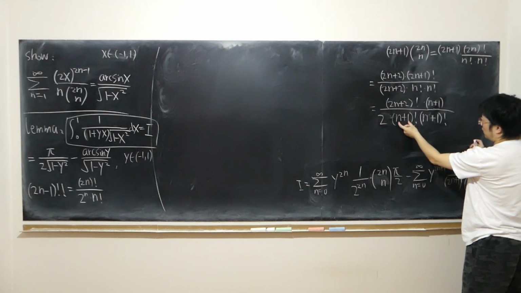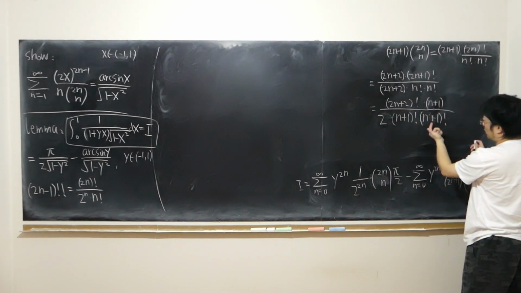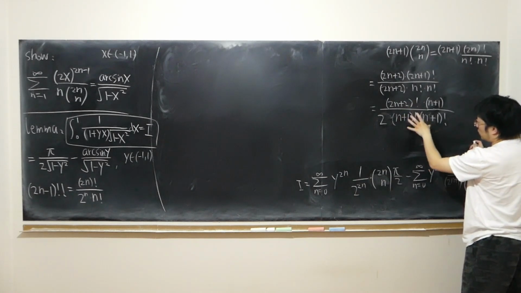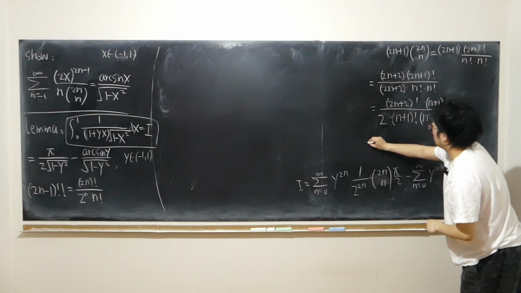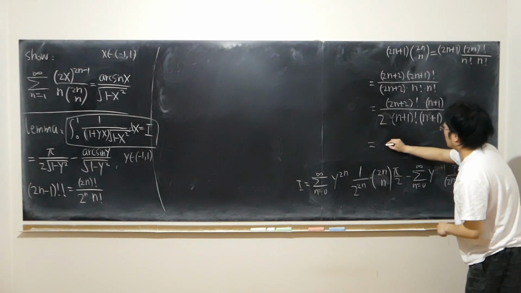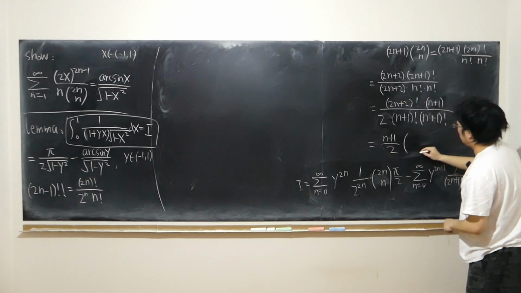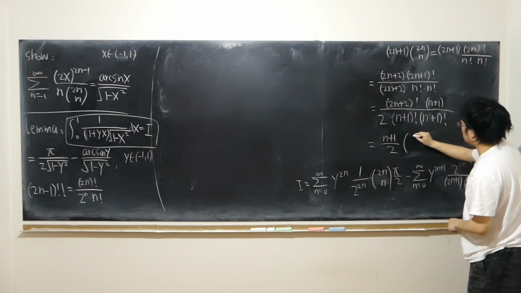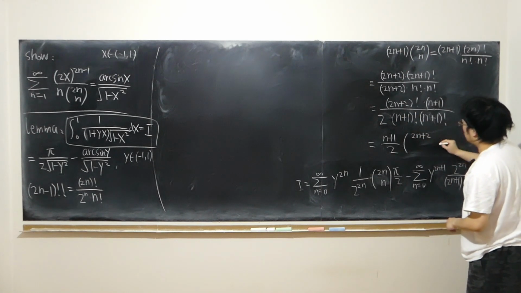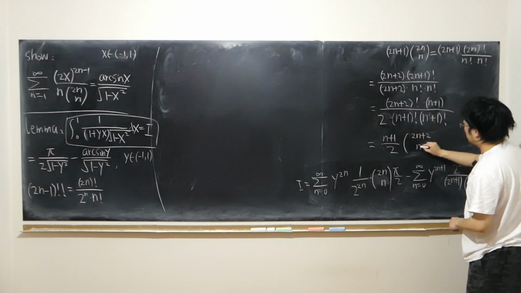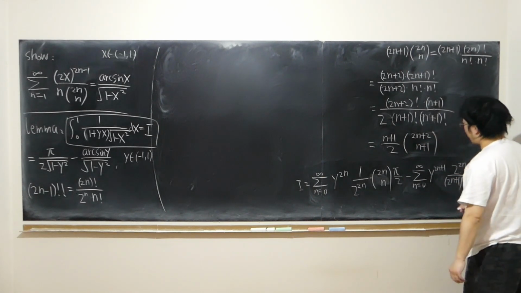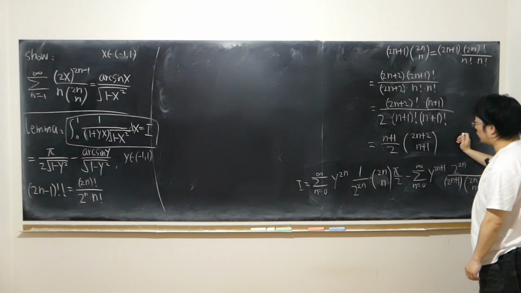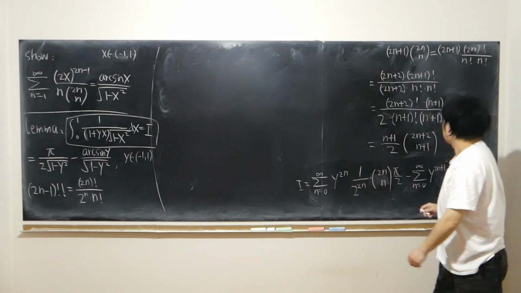See, n plus 1 plus n plus 1 equals exactly 2n plus 2. So this is exactly, I'll just copy down half of n plus 1, exactly 2n plus 2 choose n plus 1. Right? The binomial expansion coefficient.